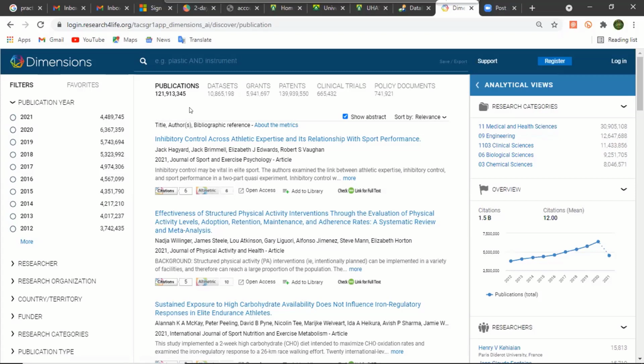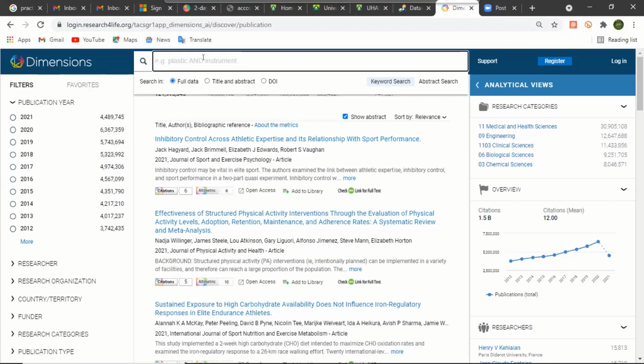So if I want to do any specific search to find out something that is specific to my area of interest or with my university or a particular person that I want to track or analyze, I can simply search for something. All right, so here I'm going to do a natural free text search, a basic search.